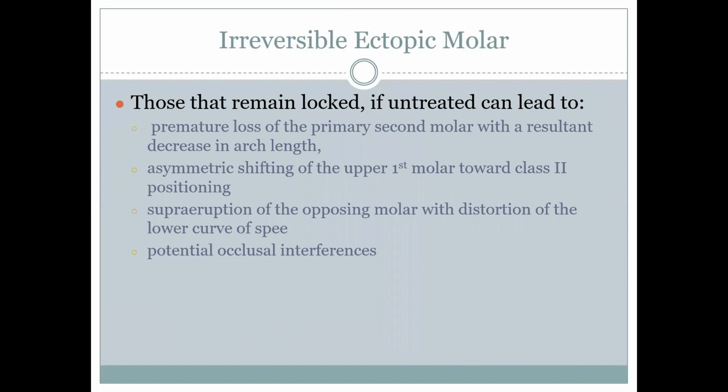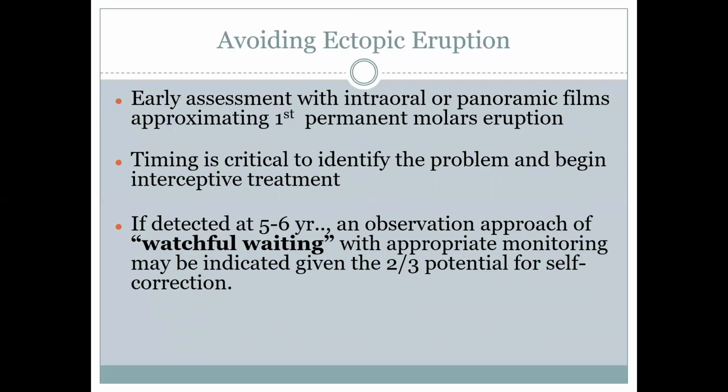And those that remain locked, if untreated, can lead to premature loss of the second primary molar with a decrease in arch length, shifting of the upper first molar towards class 2 position, super eruption of the opposing molar with distortion of the lower curve of Spee and potential occlusal interferences.